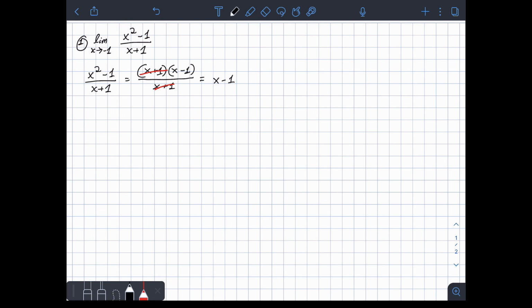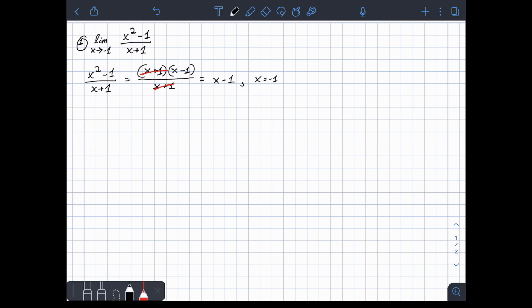And this is equivalent to that at every value besides x equals -1, because the original function that we're trying to find the limit of is undefined at that point. However, this function is defined at that point.